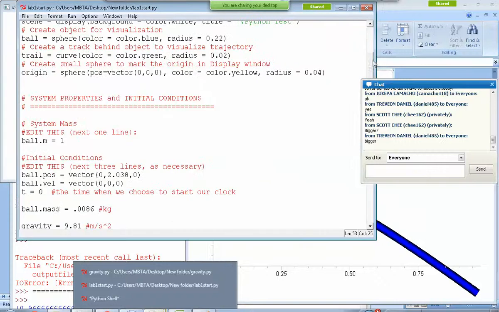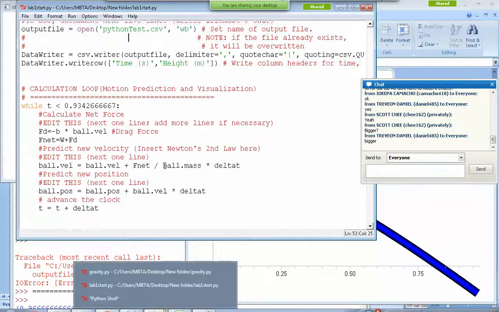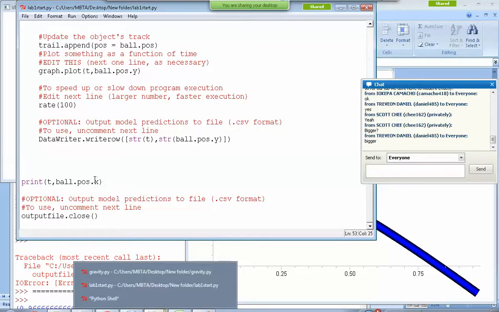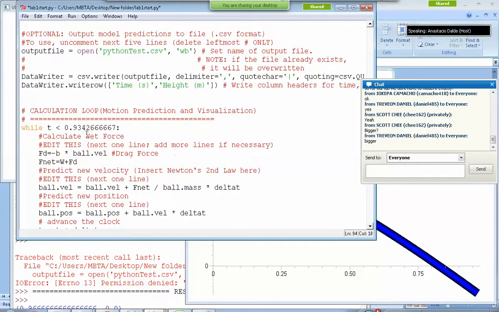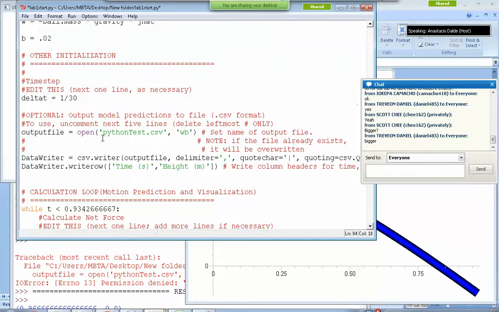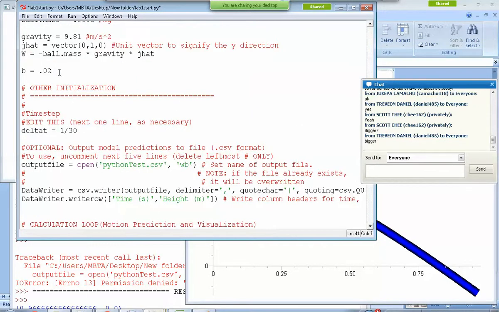To do that, I'm going to kind of cheat, and I want you to do a print statement. I want you to tell me the y-st position at that time. And we'll see if we can make it just a little bit bigger. Like, let's say 0.02. You guys want to try 0.03?